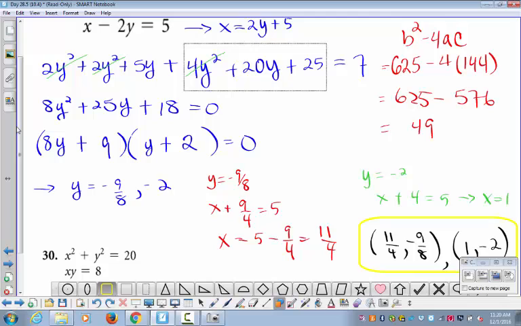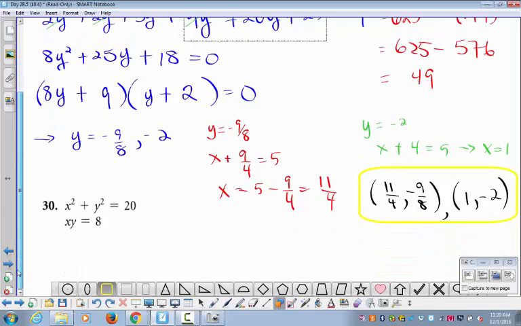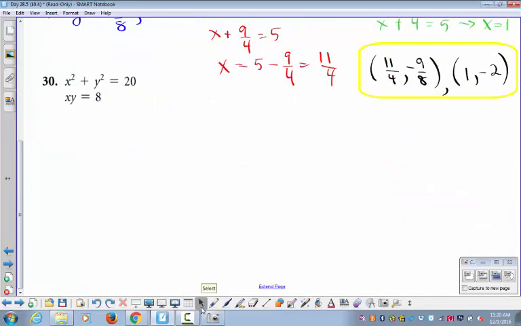Subtract the 9/4 to the other side. Get a common denominator of 4, that's 20/4. 20 minus 9 is 11/4. All right, that one. You guys go ahead and try that one.